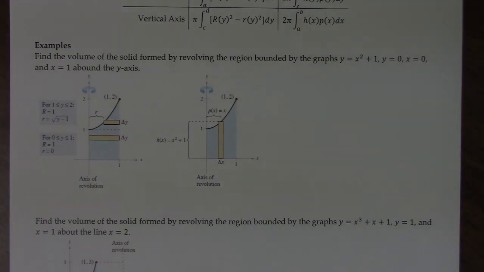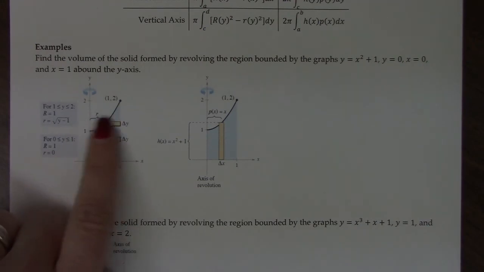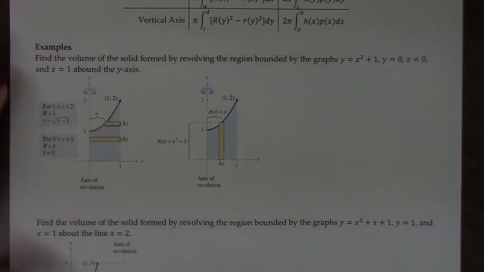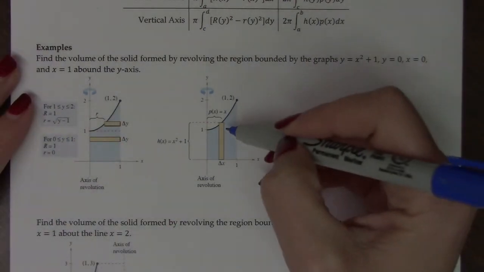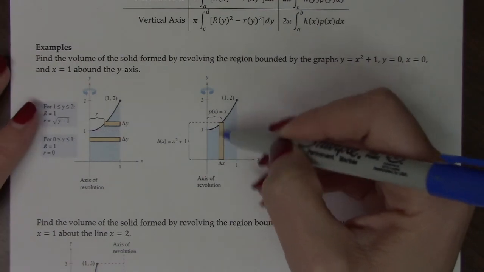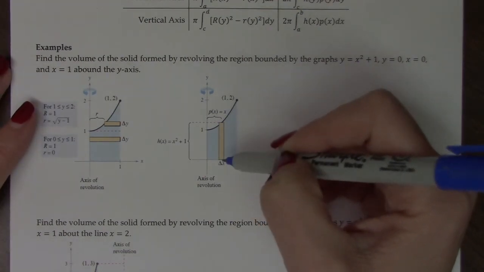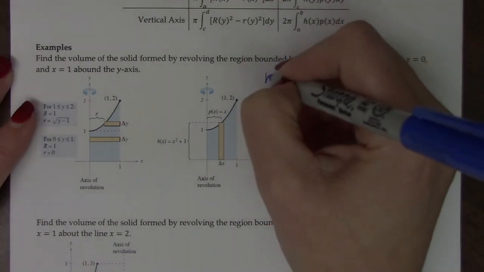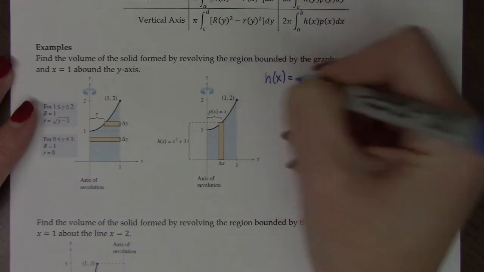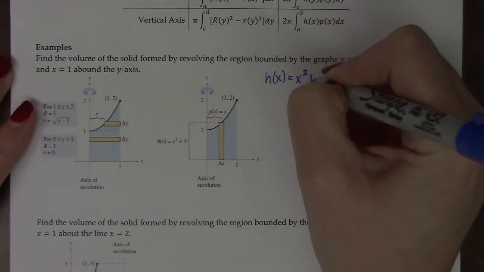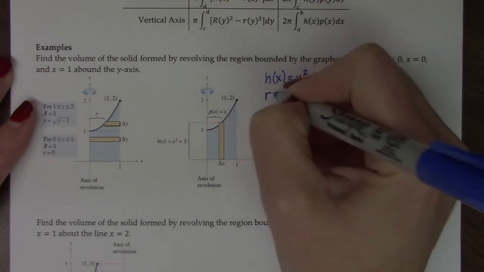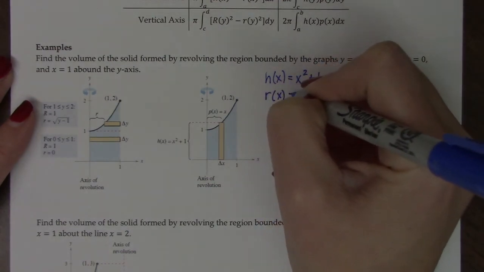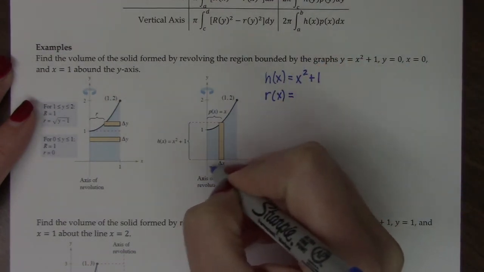So using the shell method, we can see that we need to be in variable x, because with disk washer, we had to be in variable y. If we can stay in variable x, the heights, which are parallel to the axis of rotation, are just the function itself. And the radius, when we measure across, is just going to be x.